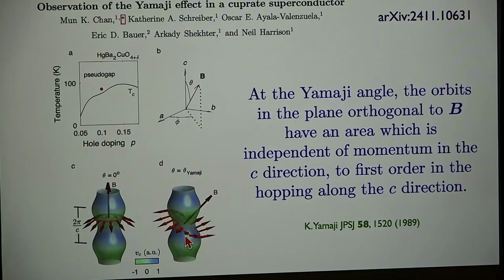And does that fact have to do with pockets or arcs, or is it still general? No. Even the large Fermi surface could show you the Yamaji angle. I don't know if anybody's looked for it. I would think it does. So presumably, less doped samples of mercury cuprate exist.